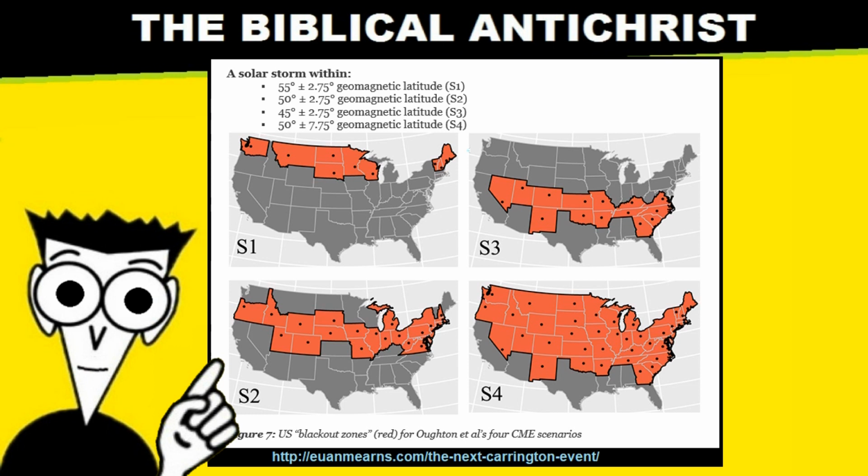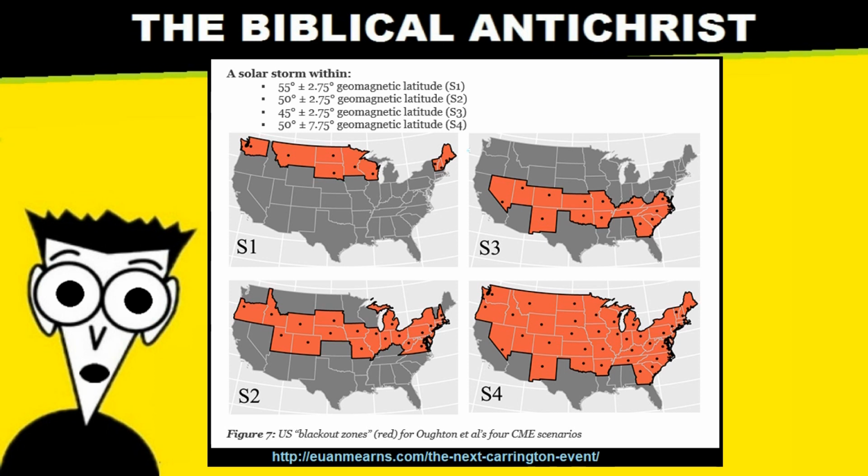Those 4 scenarios depend on the latitude of impact into the Earth's atmosphere. 55 degrees plus or minus 2.75 degrees geomagnetic latitude, labeled S1, in the map. 50 degrees plus or minus 2.75 degrees geomagnetic latitude, labeled S2, in the map. 45 degrees plus or minus 2.75 degrees geomagnetic latitude, labeled S3, in the map. 50 degrees plus or minus 7.75 degrees geomagnetic latitude, labeled S4, in the map.